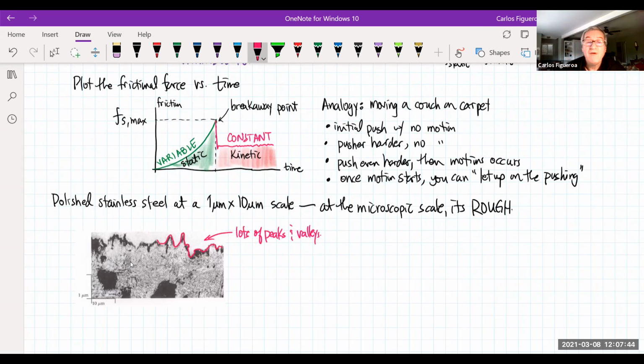And what you're finding here is that the cause of friction is essentially how these peaks and valleys interact with each other.